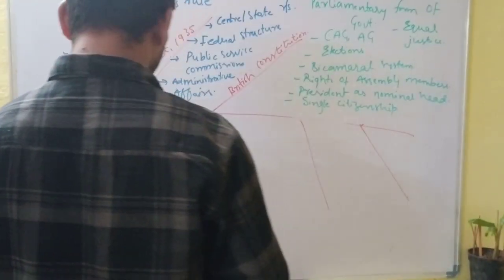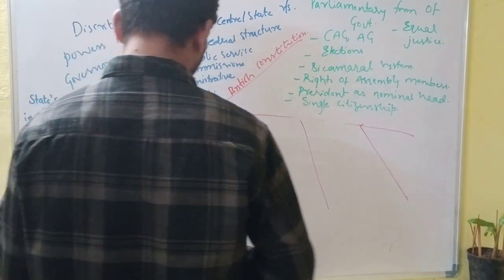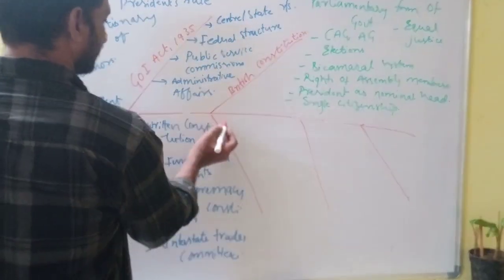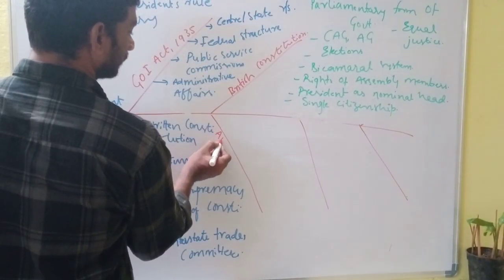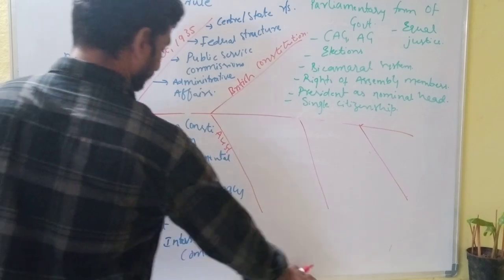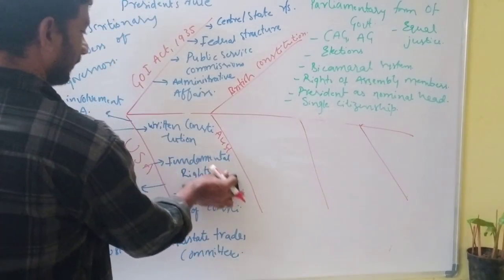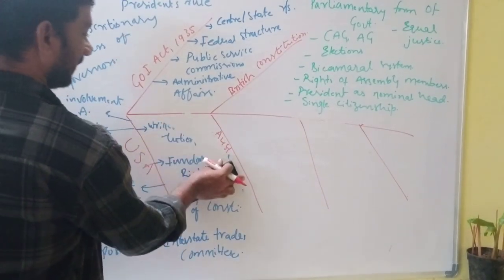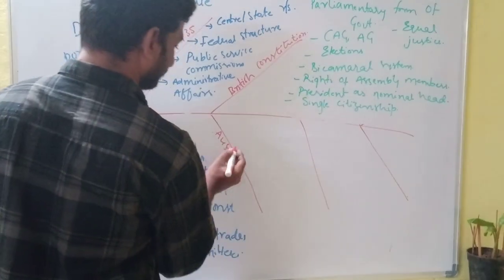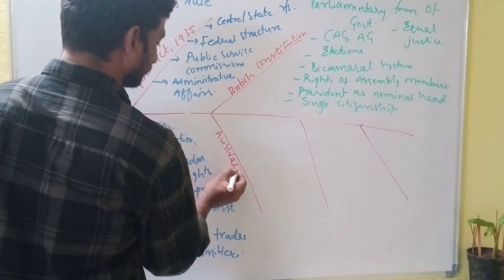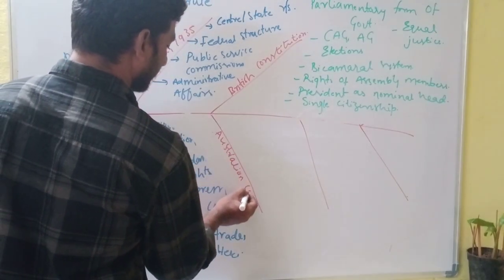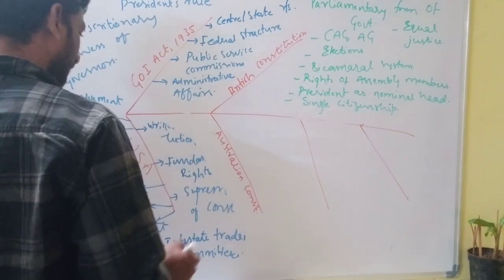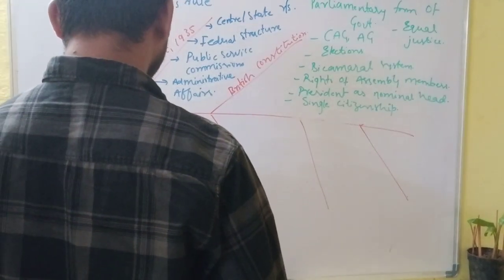Now come to the Australian Constitution. I am erasing this for convenience. Australia. What are the provisions we have taken from Australia?